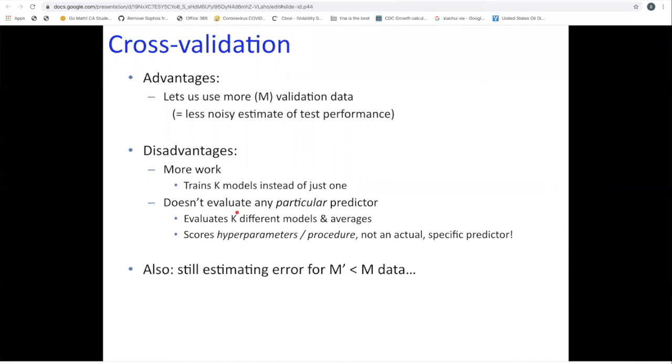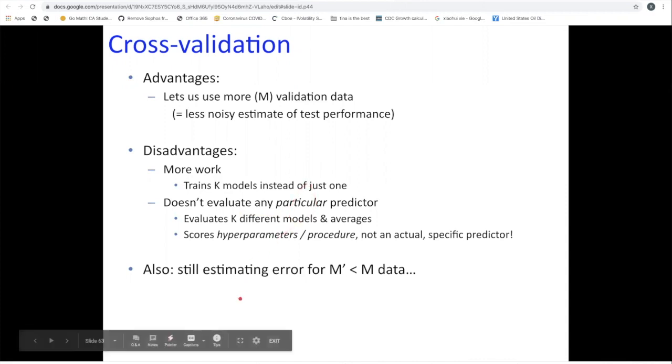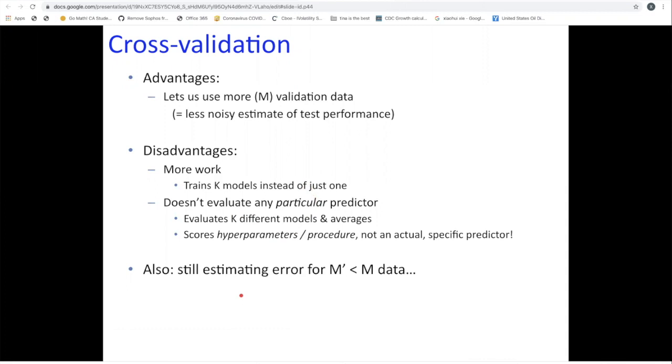That's a caveat with this type of method. And another disadvantage is that your training is done not on the entire training data set, but on a smaller number of training samples. So essentially you lose some of the data in the training.